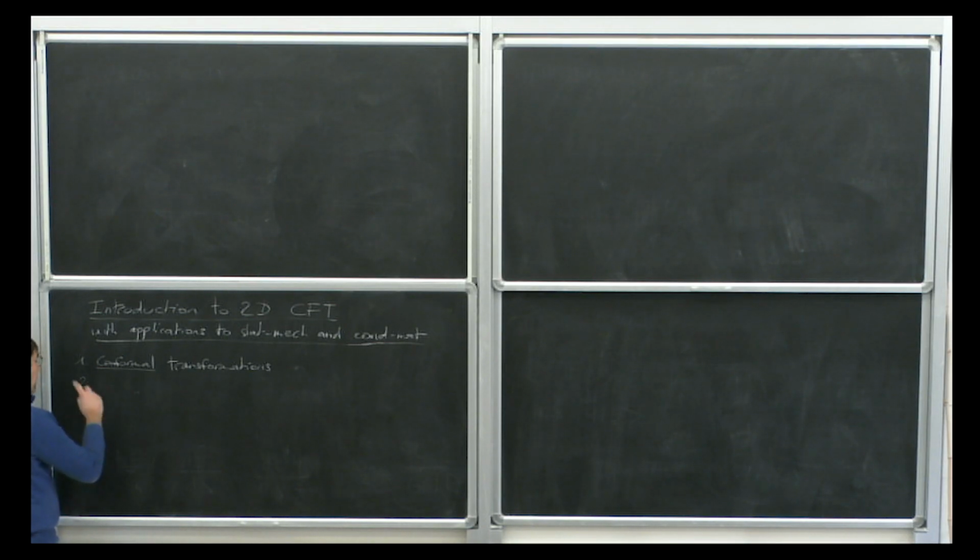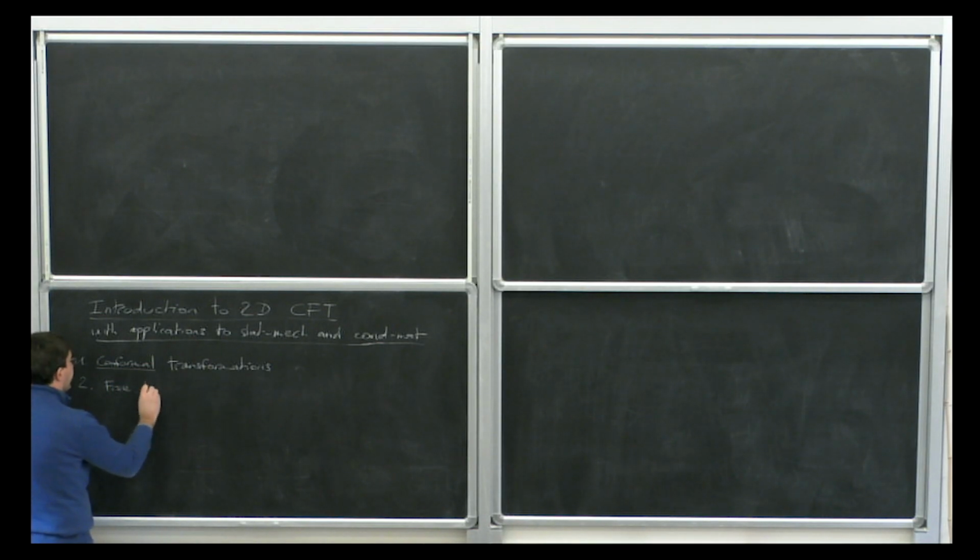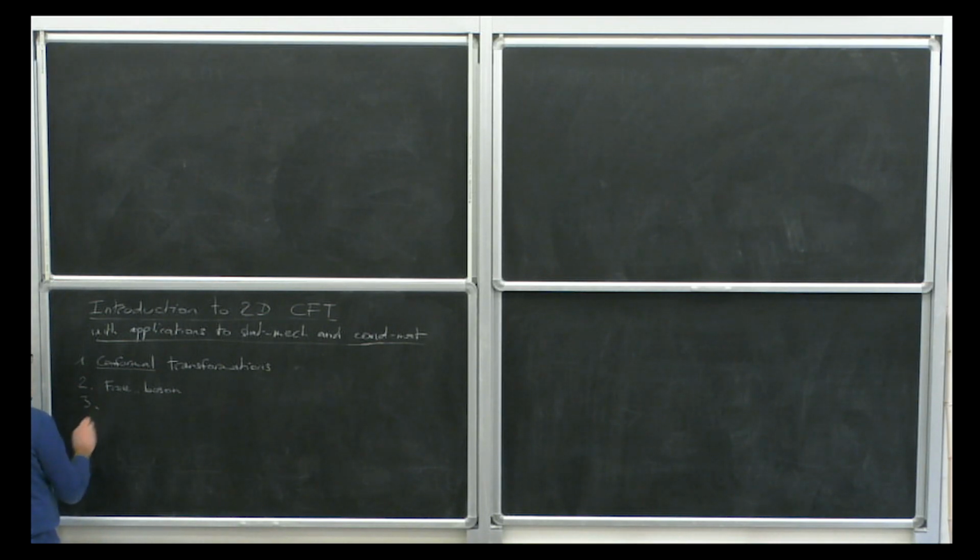Then tomorrow we'll talk about one specific conformal field theory, a particularly easy one, which is the free boson or Gaussian free field. We'll see tomorrow that it has several names. Then we'll enter the basic formalism of CFT, the general formalism.